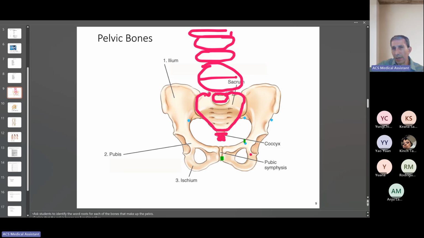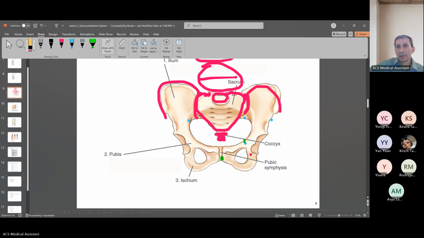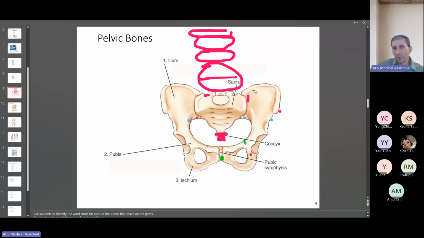And this last bone, the sacrum, serves as a support for the hips. See? They have an articulation right here, but it's a close articulation. So it supports the hips. So that's basically what it is with these bones.